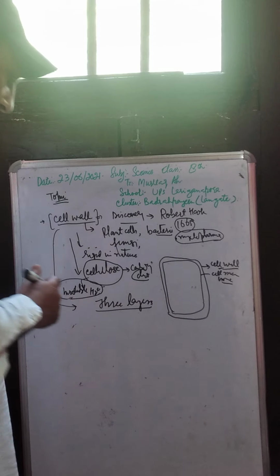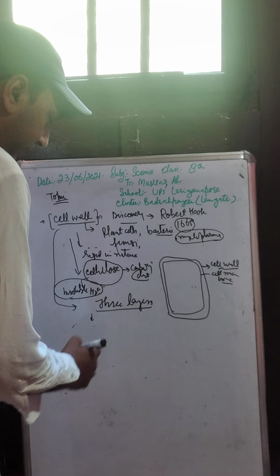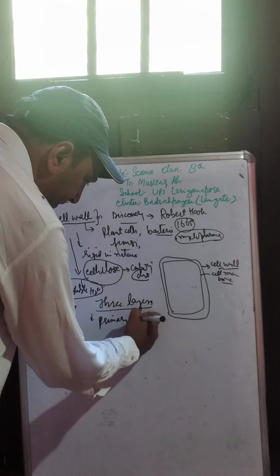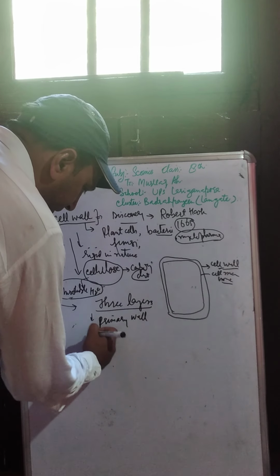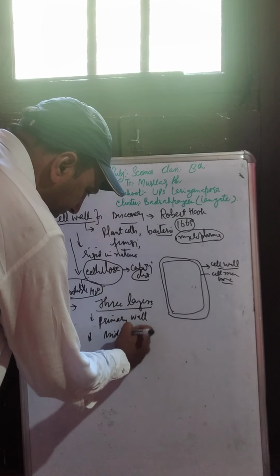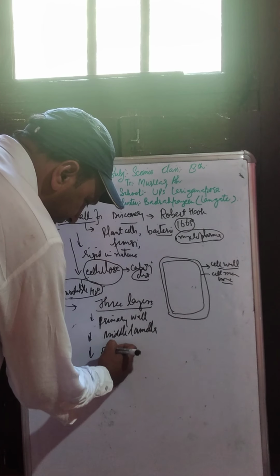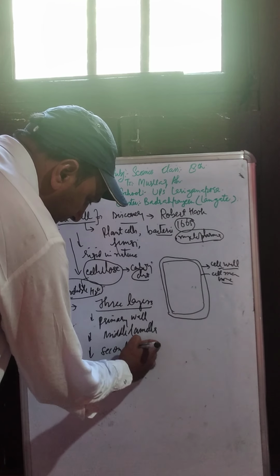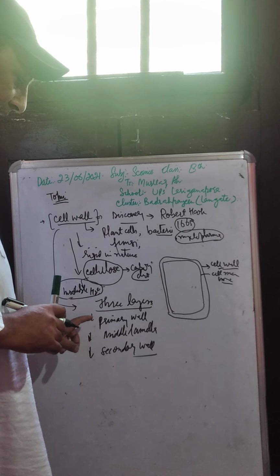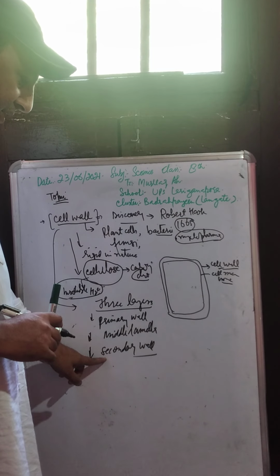The outermost layer is what we call the primary wall. Then is the middle lamella. Then is the secondary wall. So the cell wall has 3 layers: primary wall, middle lamella, and secondary wall.